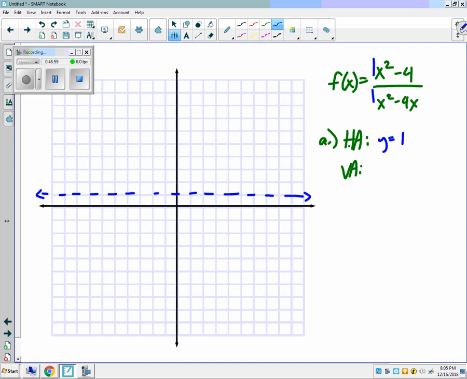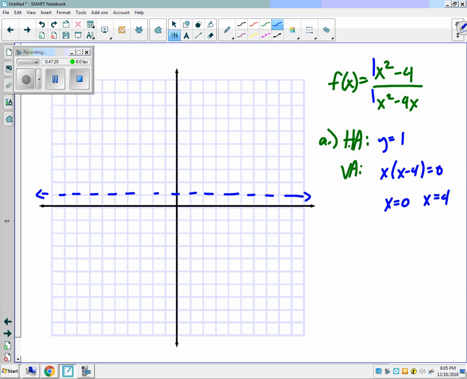Verticals. Where do I find my verticals? The bottoms, right? Because that's where I'm going to have the domain error. That's where I'm going to have these vertical lines that I am not allowed to cross by any means. So I can factor this out, and I get x equals 0, x equals 4.